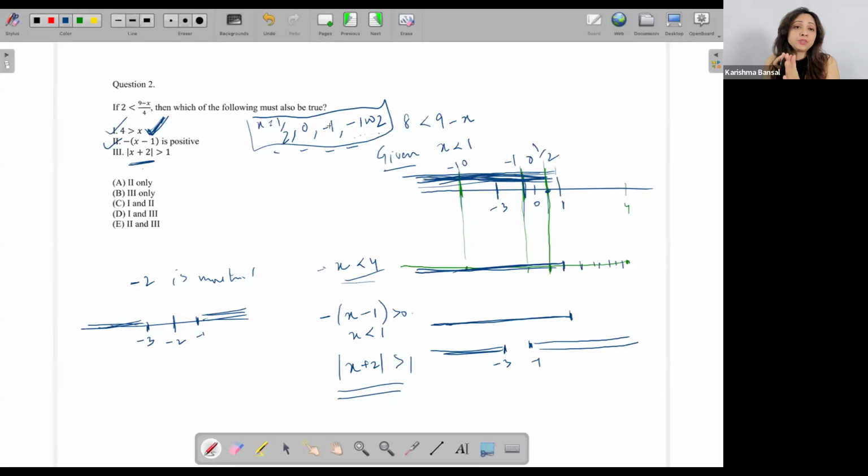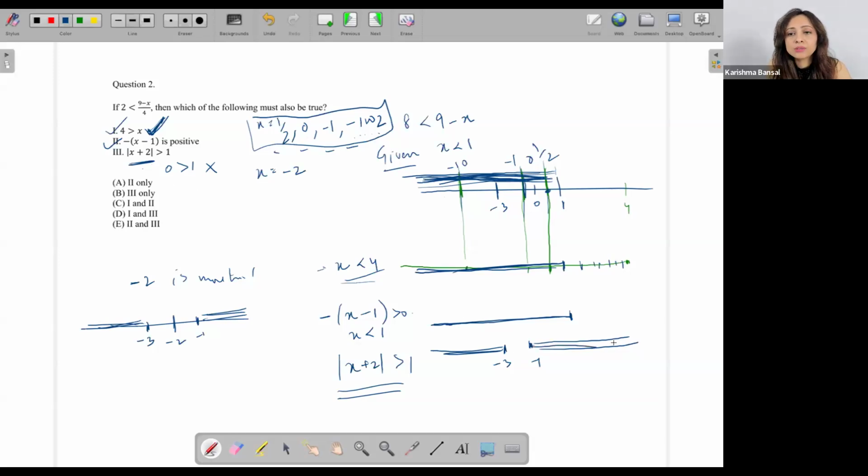It is given to me that x can take any value less than 1. If I put a -2 over here, what do I get? I get -2 plus 2, which is 0. I get 0 greater than 1, which does not hold. This is not valid for -2, and that is why there is a break over here, right?